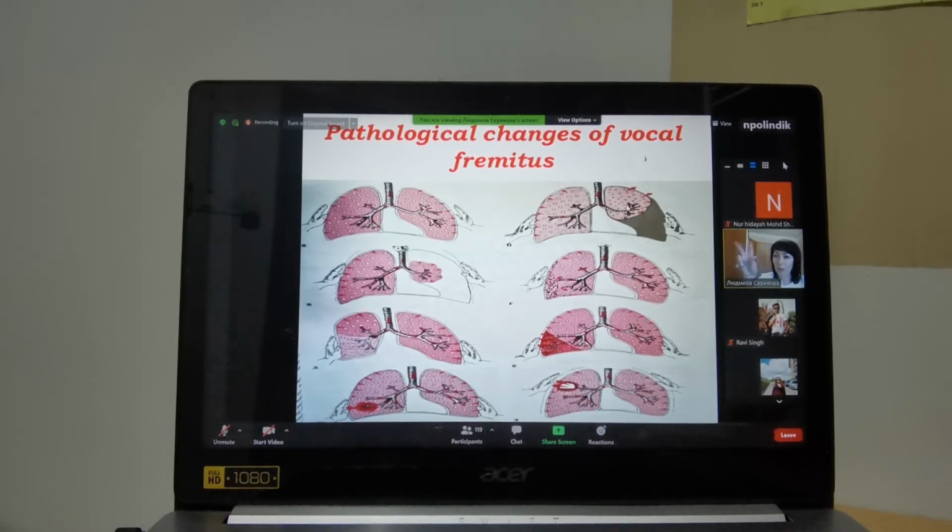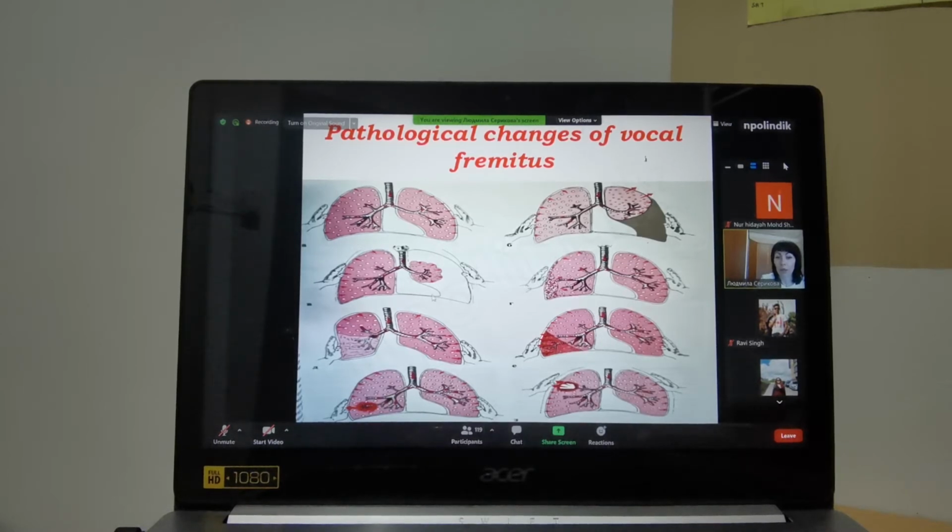So different pathologies: in future you will study the Garland triangle, which is the level of compressed lung. So here vocal fremitus is increased, as in compressive atelectasis.